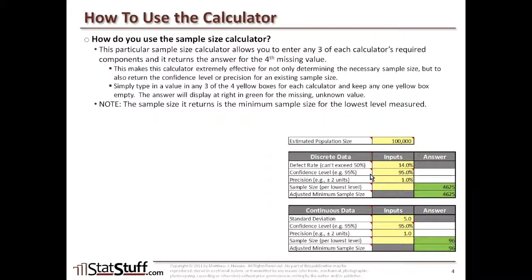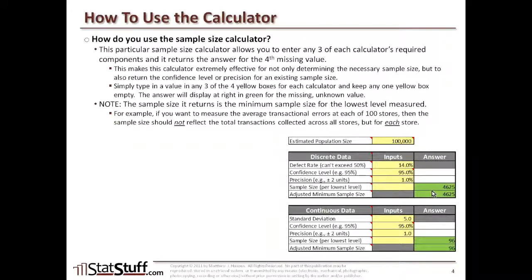Now, a note here is that the sample size returns the minimum sample size for the lowest levels I had showed on the prior slide. So you've got to really be careful that you have the right population represented, but you can select the lowest sample size between the sample size and the adjusted minimum sample size. Also you have to make sure that you're using it at the lowest possible level, depending on how you're going to subdivide your data.